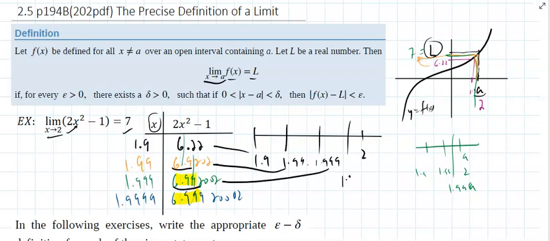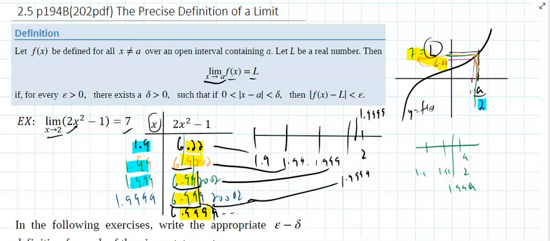I picked 1.9999 and I get the value to be 6.999. So now it's accurate to 2 decimal places. I'm guessing, just a guess, if I picked 1.99999, this y value will be 6.9999 and more numbers, and now it's accurate to 3 decimals. The idea is to get those y values as close as possible, and then if I round them, I'll know it's a 7 by picking numbers as close to 2 as I like.